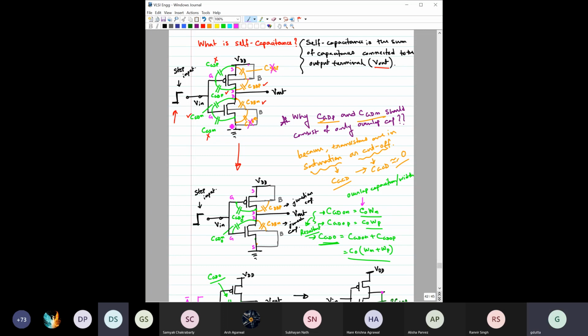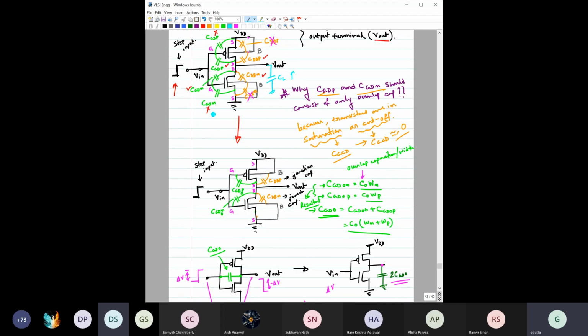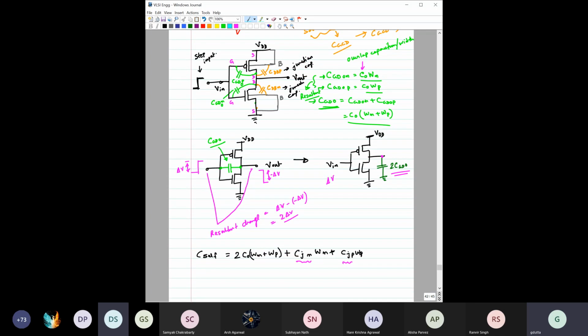And see one thing, suppose you have some inverter and you want to drive a capacitive load. If the load is more, then you need higher current to drive it. So to get higher current, what will you do? You will increase the size of these transistors, right? But see here, when you increase the size of this inverter, that means Wn and Wp will increase.